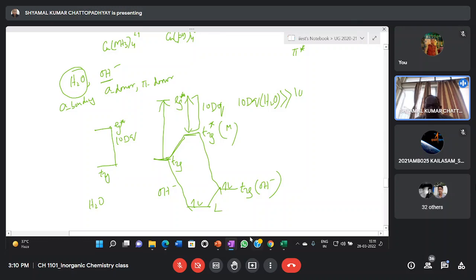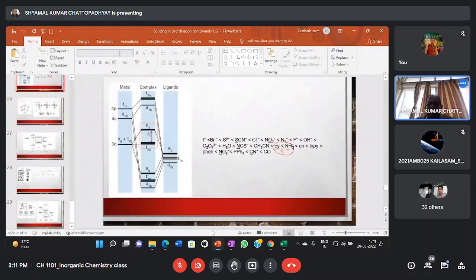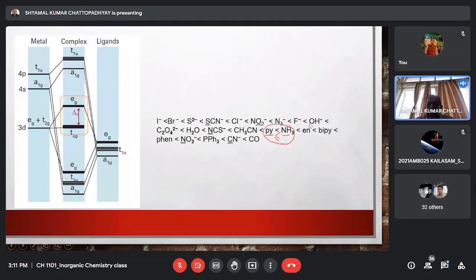As a result of this, we find that hydroxyl ion is located at a lower position in the spectrochemical series than water.